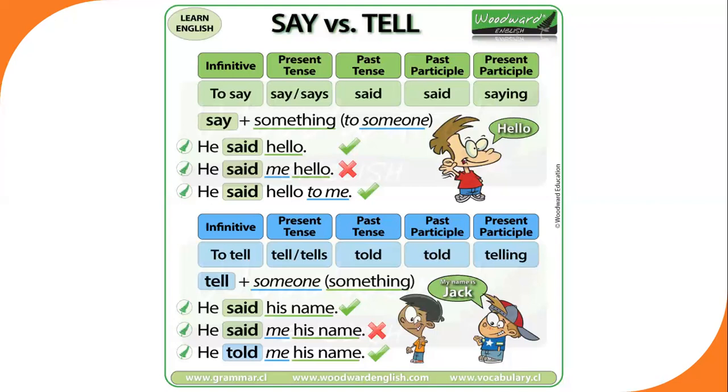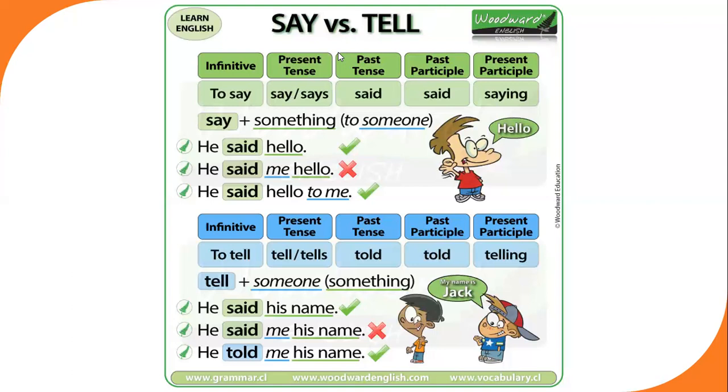La diferencia en realidad es en la preposición, si se fijan. He said to me that he wanted an ice cream, right? Me dijo a mí, too. O puedo decir, he told me, en inglés podríamos decir simplemente, él me dijo que quería un helado, ¿ok?